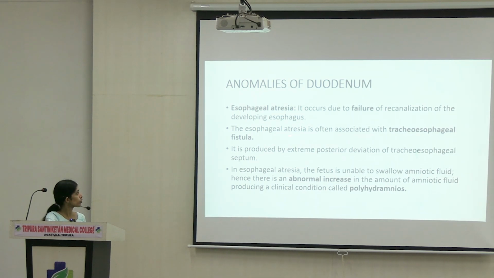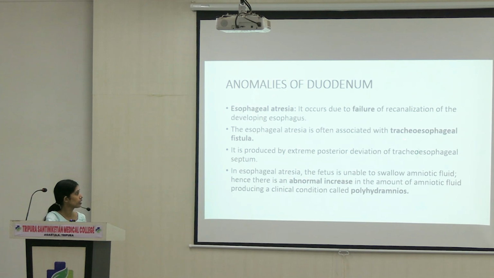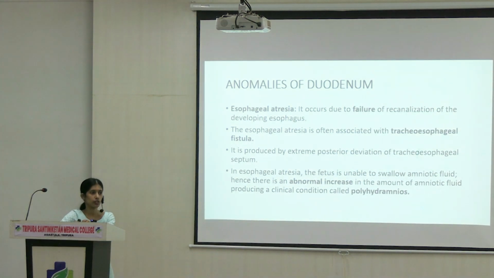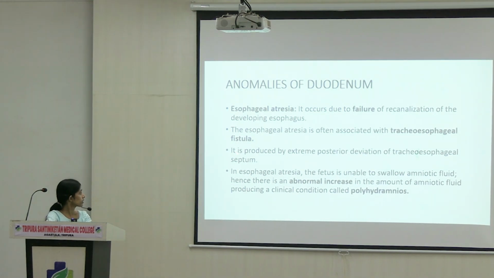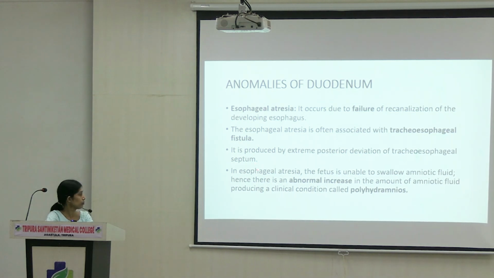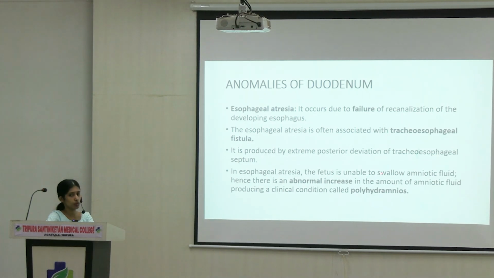Okay, esophageal atresia is often associated with one more condition called tracheoesophageal fistula. Any idea about tracheoesophageal fistula? This condition is produced by extreme posterior deviation of the tracheoesophageal septum. In esophageal atresia, the fetus is unable to swallow the amniotic fluid.